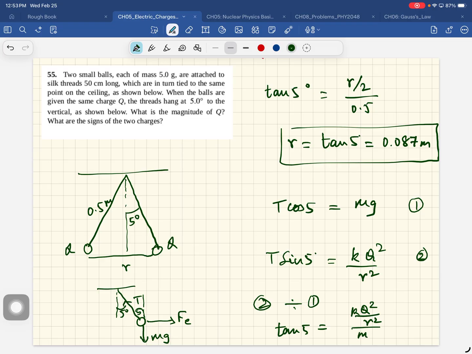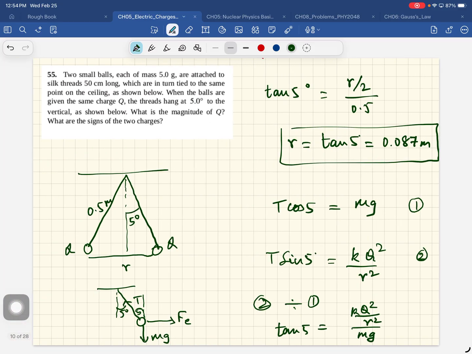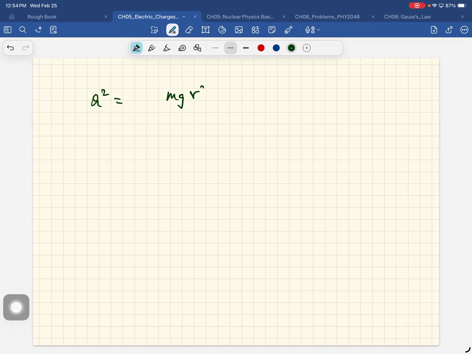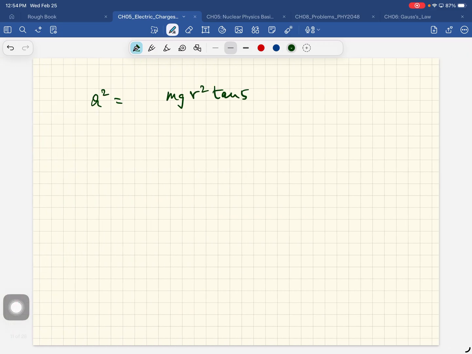The mass is 5 grams, in kg, times 9.8 meters per second squared. Tan 5 is 0.087. k is 9 times 10 to the 9. And R is 0.087. This will all work out in coulombs.